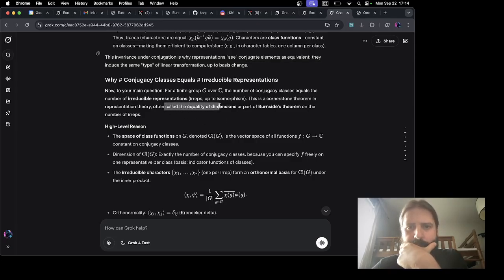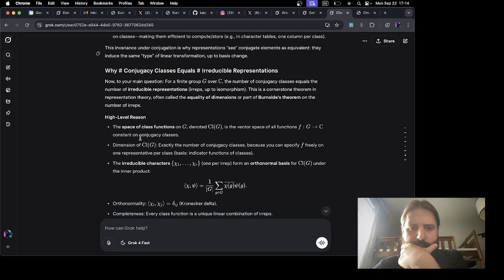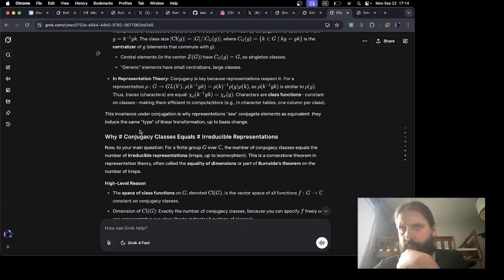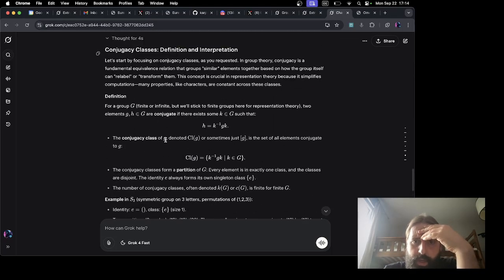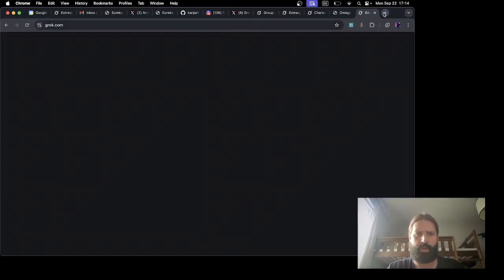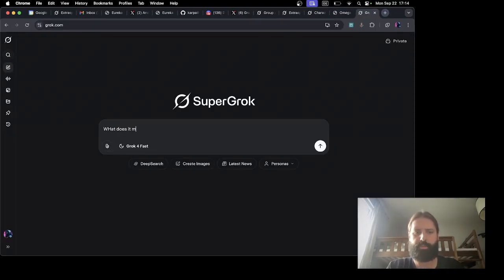The equality of dimensions. Okay, the Birdseye theorem. Okay, let's not go too far. Let's linger in these for a little more. What does it mean to conjugate in math?